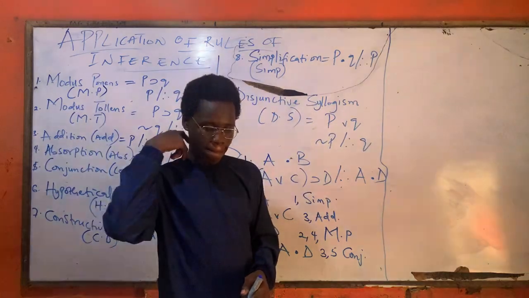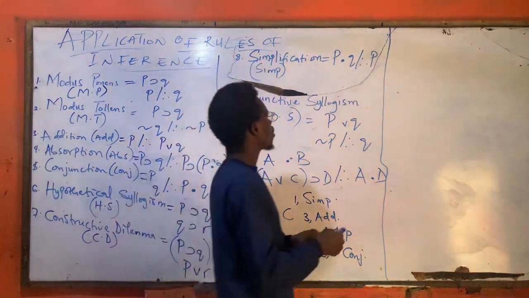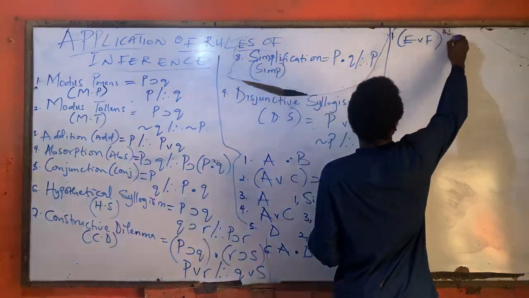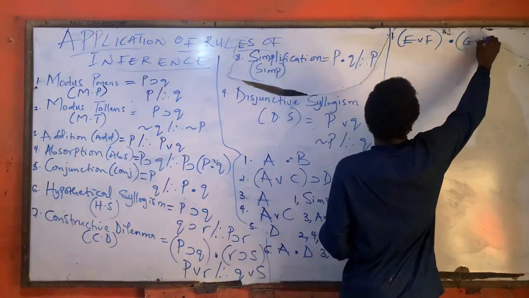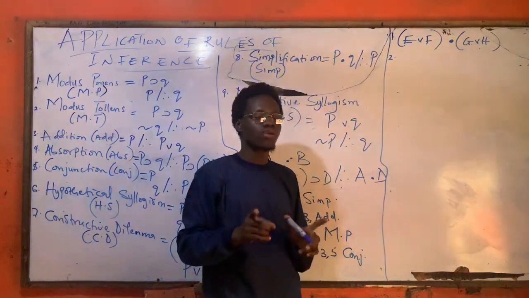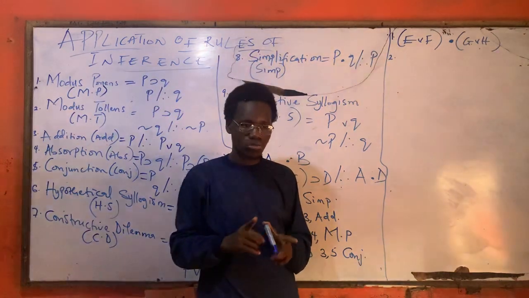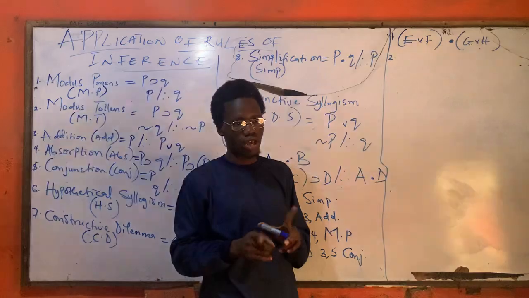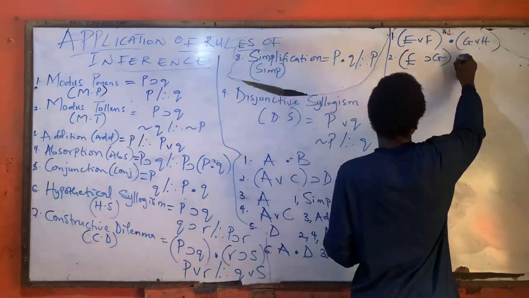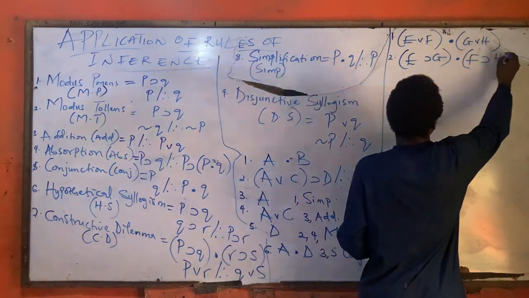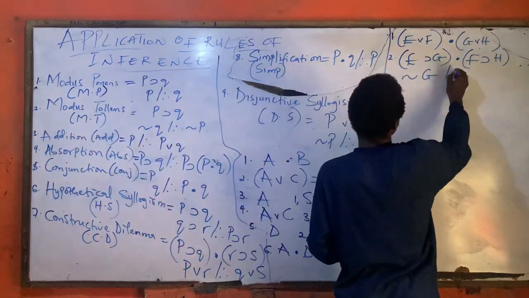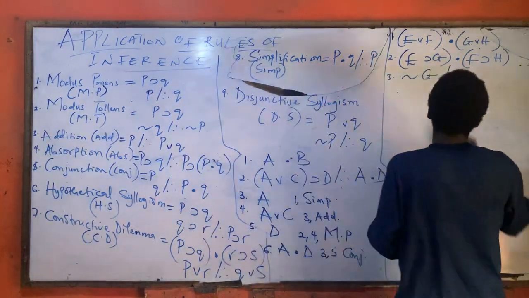Okay, line 1: E or F and G or H. Line 2: E implies G and F implies H. Line 3: negation G, therefore H.